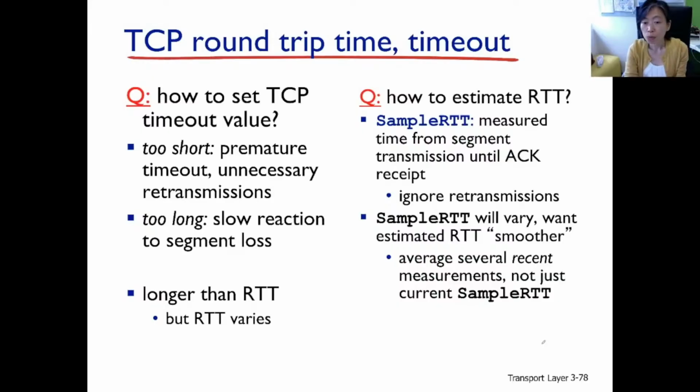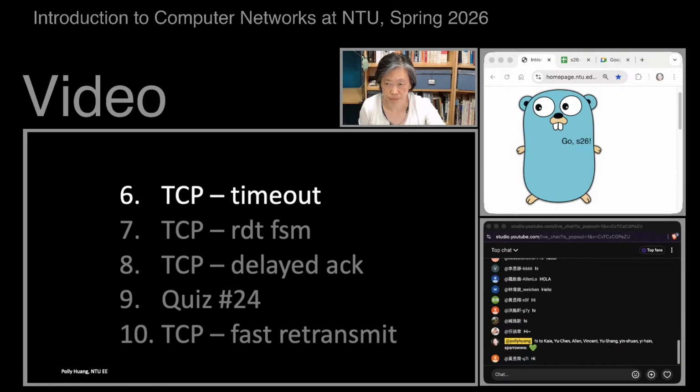And we get lots of these sample RTTs, and they could vary quite a bit. So it's actually not good to use the sample RTT as the timeout interval for the next packet. What TCP does next is get a smoother estimation of the round trip time, by taking the average of multiple recent sample RTTs. That's the idea to set the timeout interval.